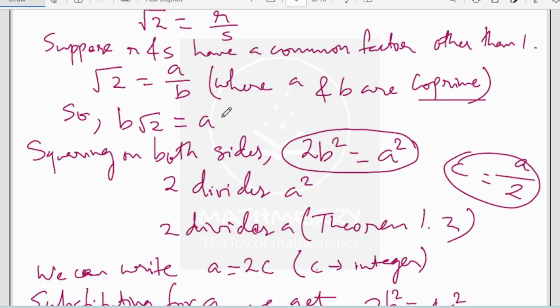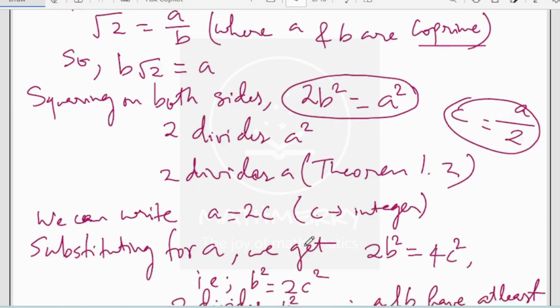So we will get 2B square is equal to A square. So this means that 2 divides A square, so by theorem we can say that 2 divides A also.